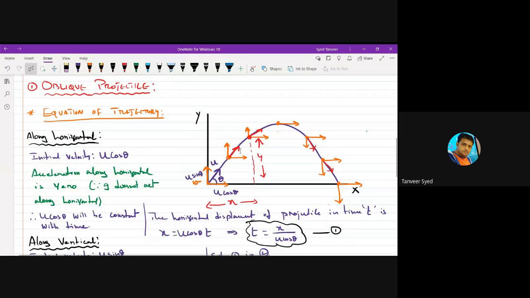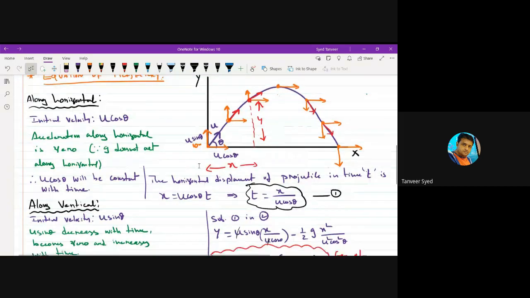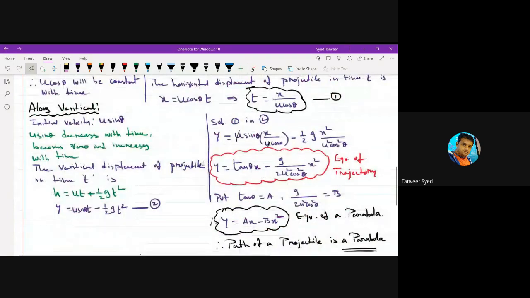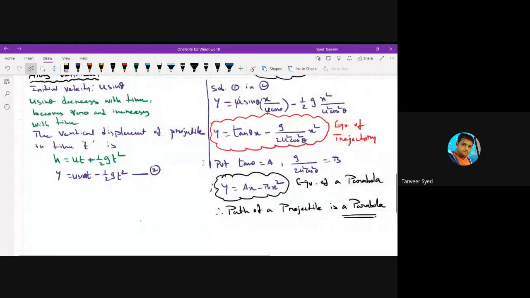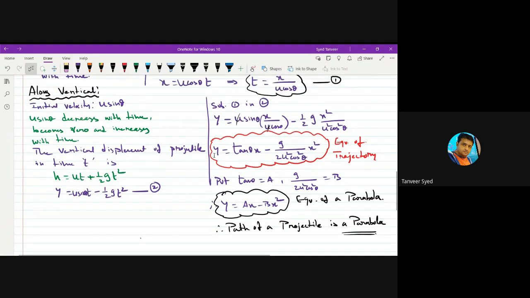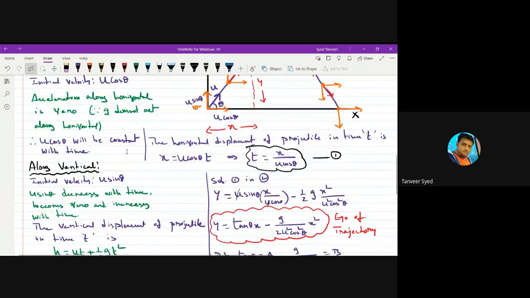So any object which is thrown like this, like a projectile, will follow a parabolic path. Its equation is given by y equal to tan theta x minus g by 2u square cos square theta into x square. X is displacement along horizontal direction. Y is displacement along vertical direction. U is the initial velocity of projection. Theta is angle of projection. This is the first basic thing.